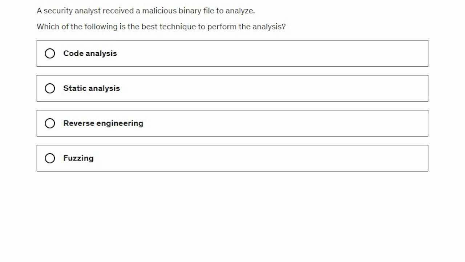C. Reverse engineering. D. Fuzzing. Pause the video and answer this question. The correct answer is A. Code analysis.